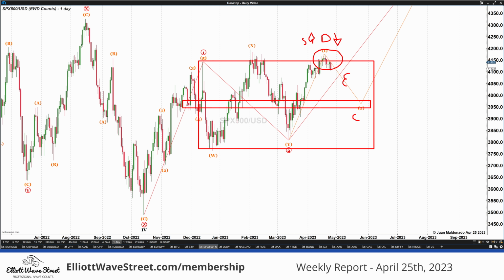So what we are looking for on the S&P is a discount, a corrective ABC, going back to the cheap area. And if we have an accumulation cycle, we can go long from this area, we can buy, and we can start building a narrative for a big wave three.